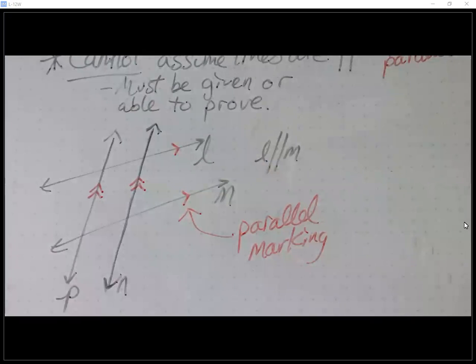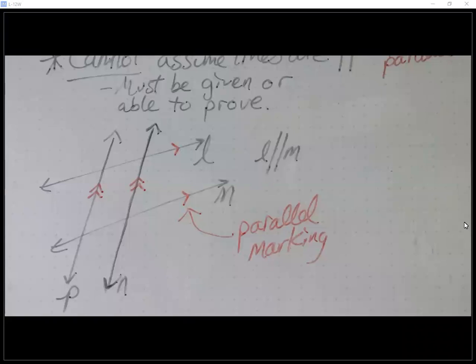That's our way to differentiate. Just like with angles, you use one arc or two arcs. Same thing here, we're just going to use number of arrows. Okay, so that's pretty much it for parallel lines.